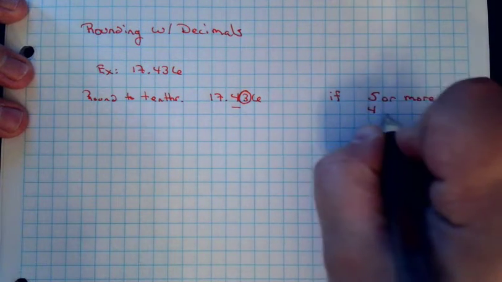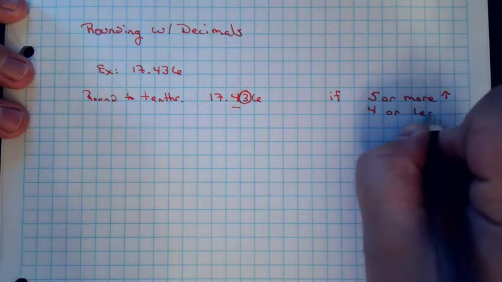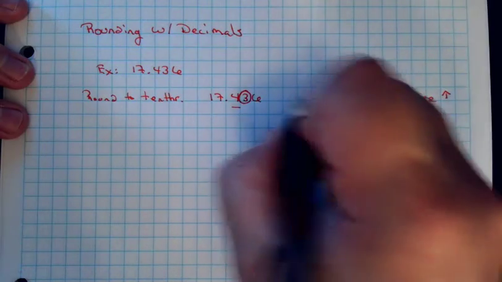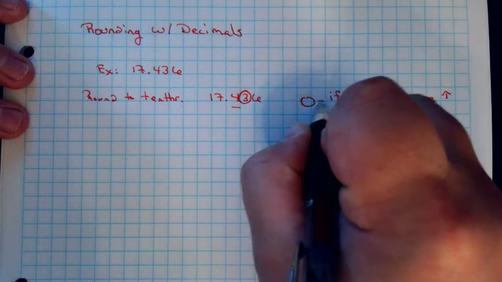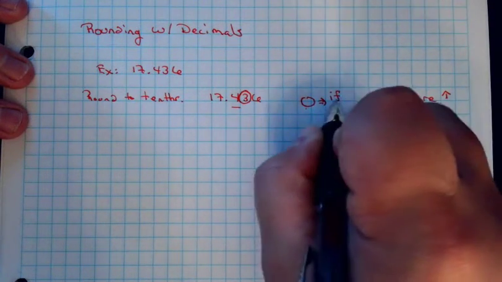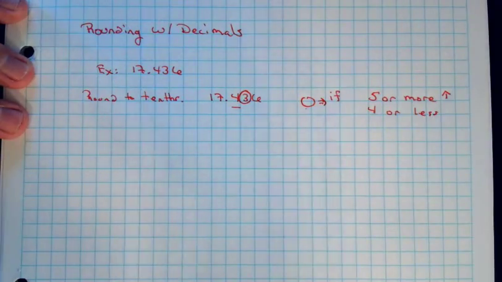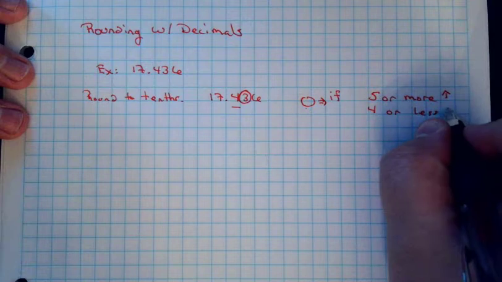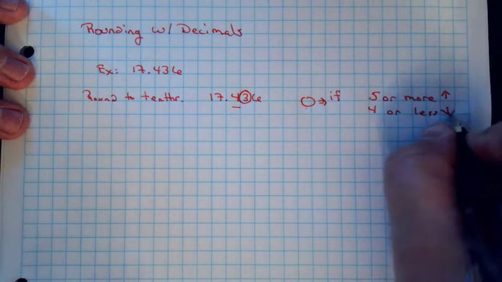If it's 4 or less, the number that's circled, so I'll put a circle here. So if the circled number, if it's 5 or more, we go up. If it's 4 or less, we go down.